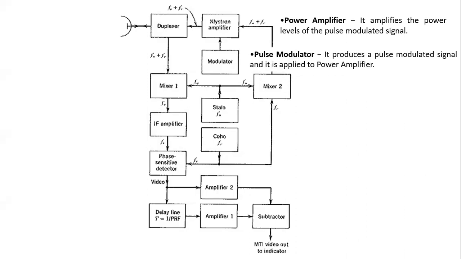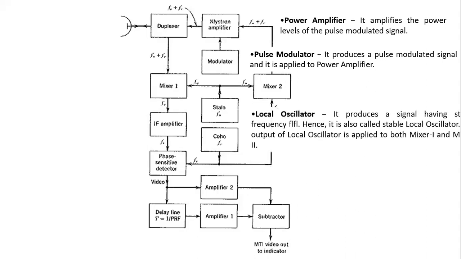Then the pulse modulator basically helps to produce the constant oscillations that will strengthen the signal, which will again be powered up onto the power amplifier, and further it goes to the amplifier. Once it goes to the amplifier, the duplexer will send it to the antenna, and the antenna will send it to space. Now here, a local oscillator produces a standard, constant frequency. We also call it a STALO, that is, a stable local oscillator.